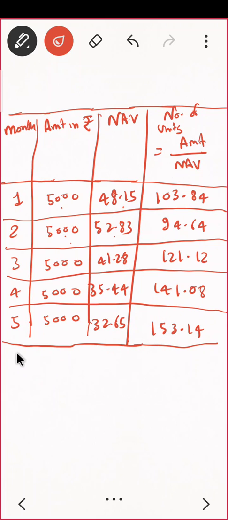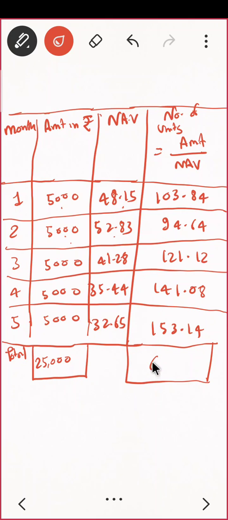Now, using the rupee cost method, one more thing you do: calculate the total of this, that is, the total amount invested and the total number of units. Total amount will be 25,000 and total number of units, if you calculate, is 613.82.